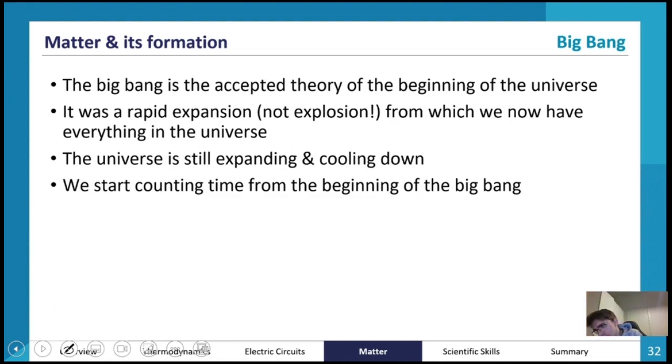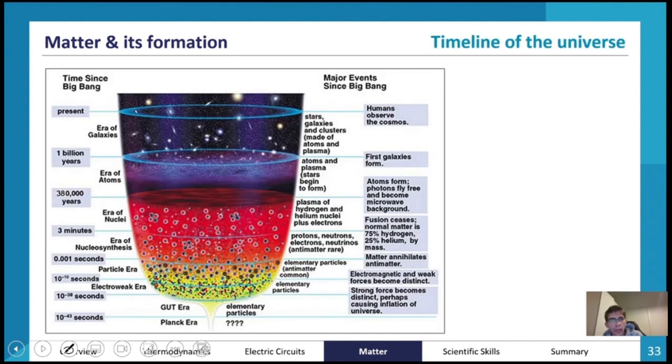It's not an explosion; it's a rapid expansion, from which we now have everything in the universe, and the universe is still expanding and cooling down, and we start counting time from the beginning of the Big Bang. So a rapid process of expansion.